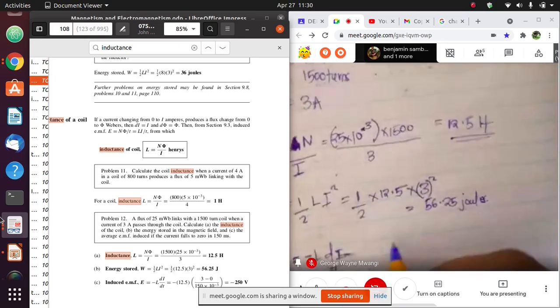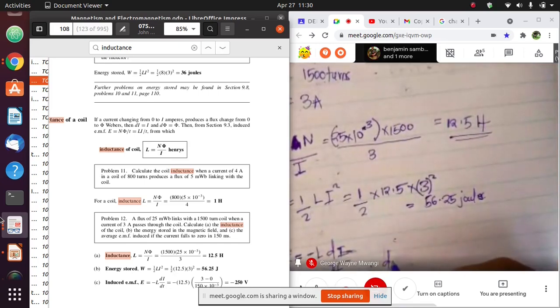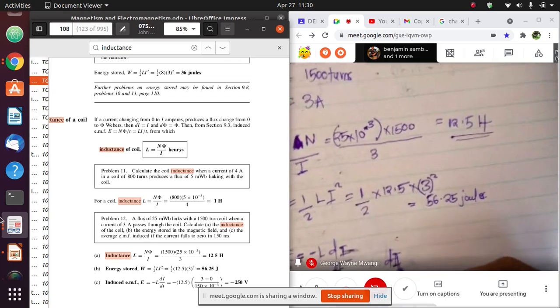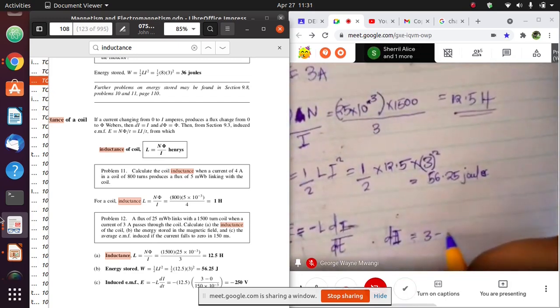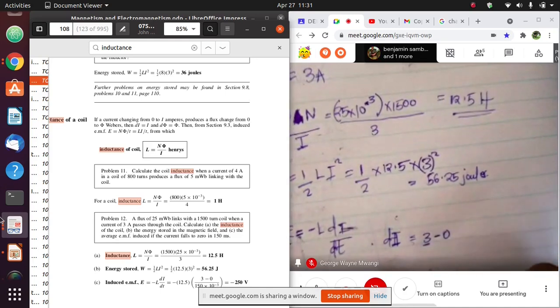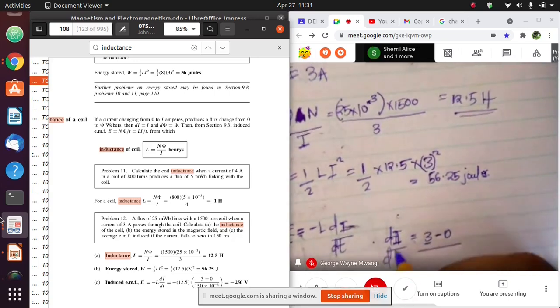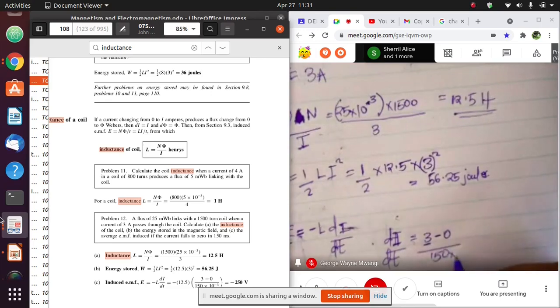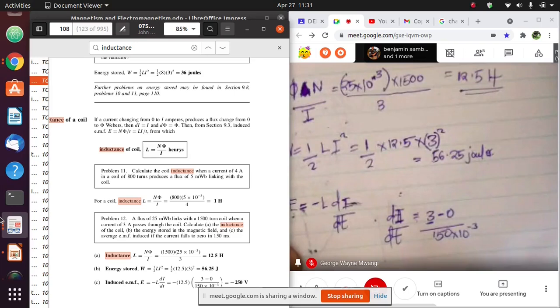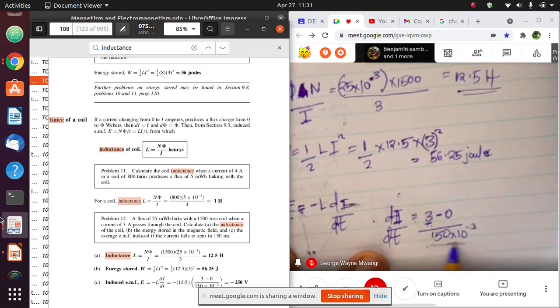Now, the change in current will be 3 minus 0, like it is inatoka from 3 mpaka 0. So the change will be 3 minus 0, and the change in time will be 150 milliseconds. Are we together?